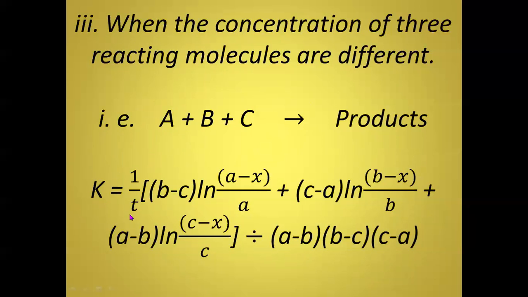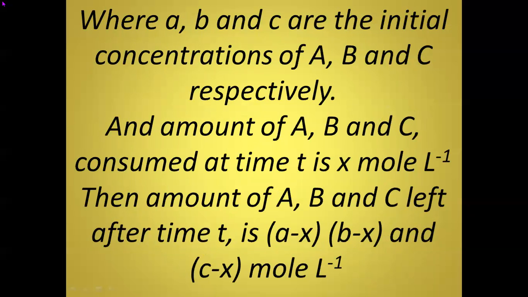And the equation is K = 1/t × [ (B − C) ln((A − x)/A) + (C − A) ln((B − x)/B) + (A − B) ln((C − x)/C) ] divided by (A − B)(B − C)(C − A), where A, B, and C are the initial concentrations of reactants A, B, and C, and the amount of A, B, and C consumed at time t is x moles per liter.